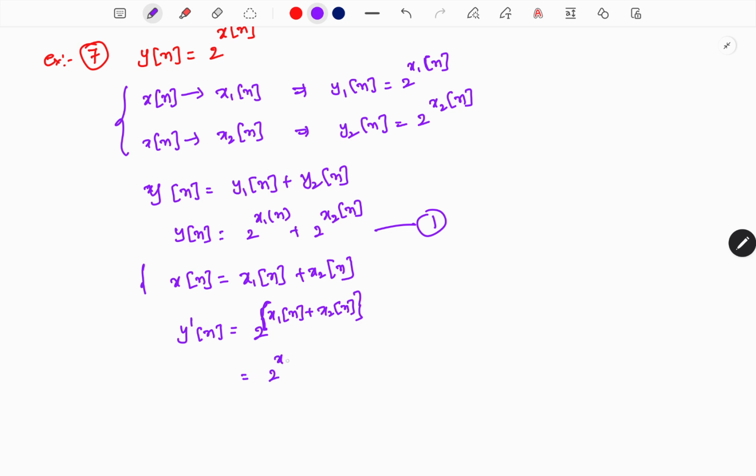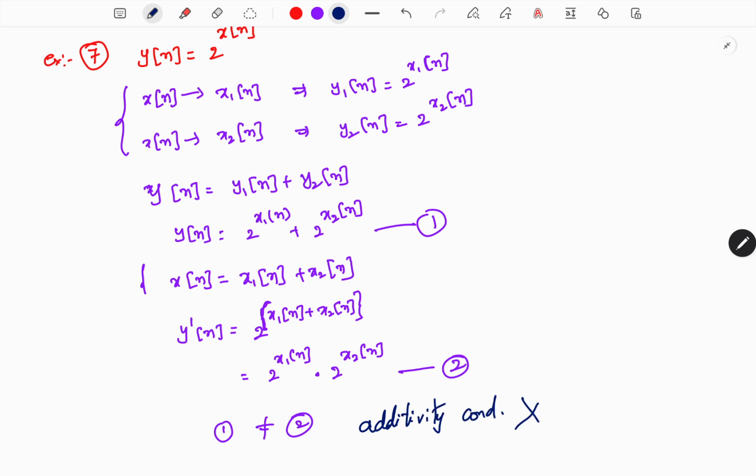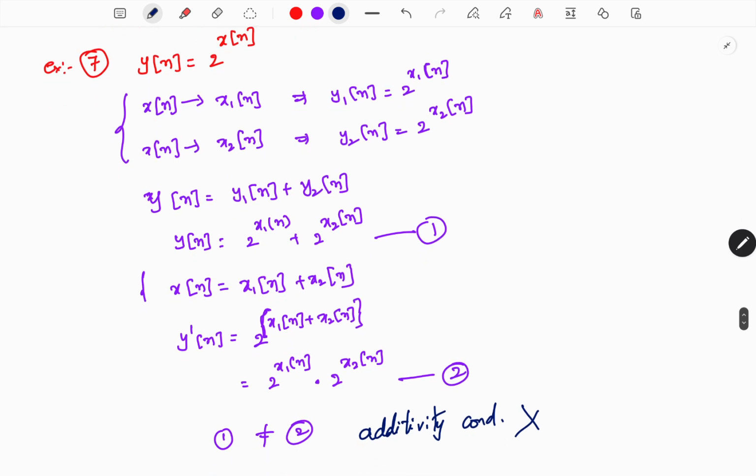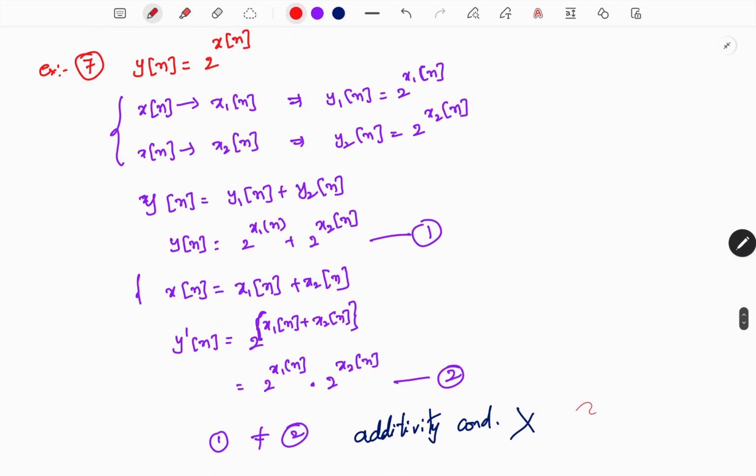By expanding, this is 2 to the power of x1 of n into 2 to the power of x2 of n. Call this equation 2. So equation 1 is not equal to equation 2, which means the additivity condition is not followed. So this system is a nonlinear system.